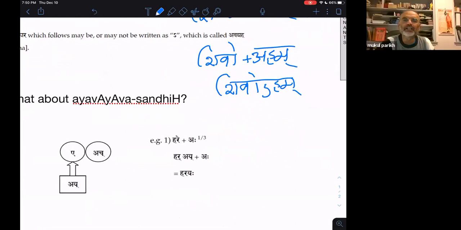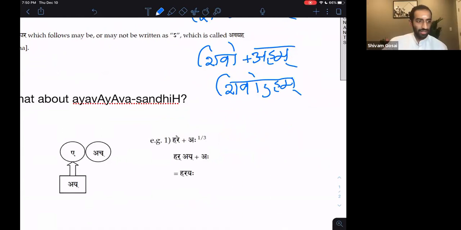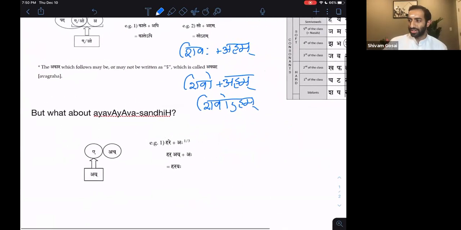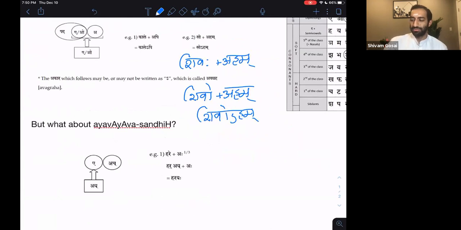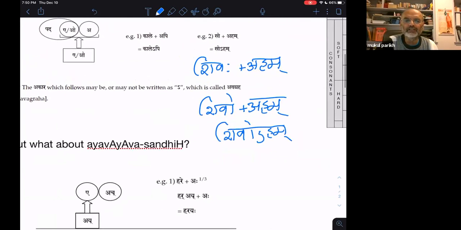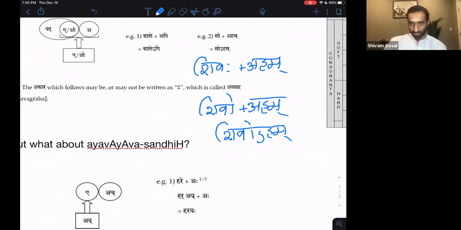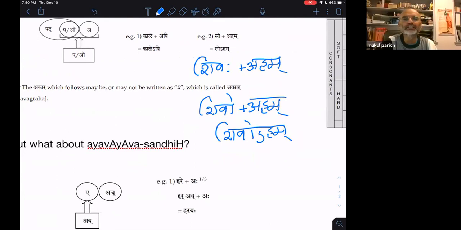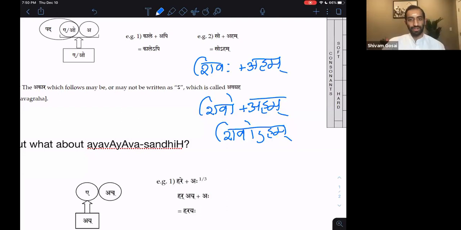Hare becomes Harayati and Kare becomes Karayati. So that's a totally different thing. Harayati and Karayati, that's a different suffix that comes.